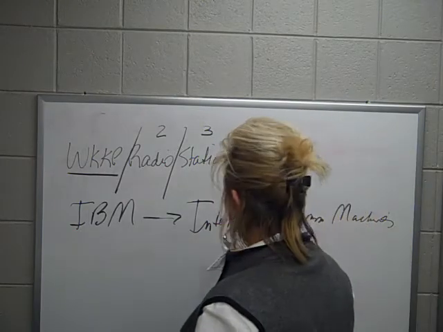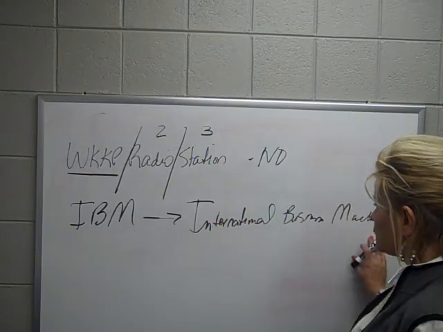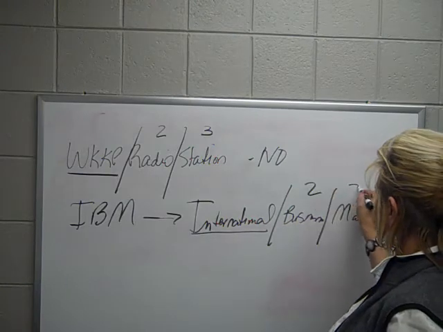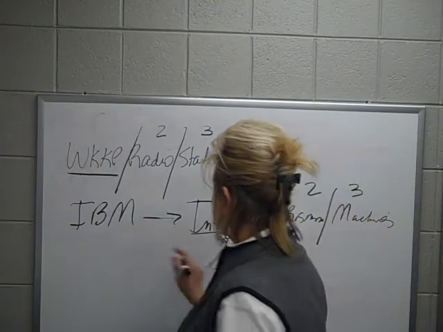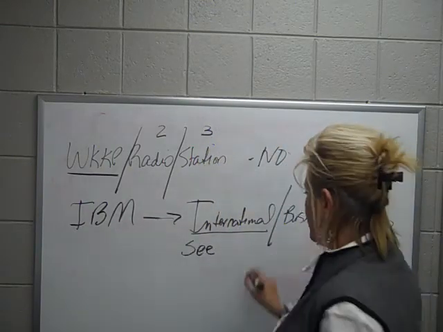Okay, and remember, we have to code it. It's a business name, so we code it as written. International, draw diagonals. Okay, so we know we're going to file this under the I's, but we're going to see what? The IBM.